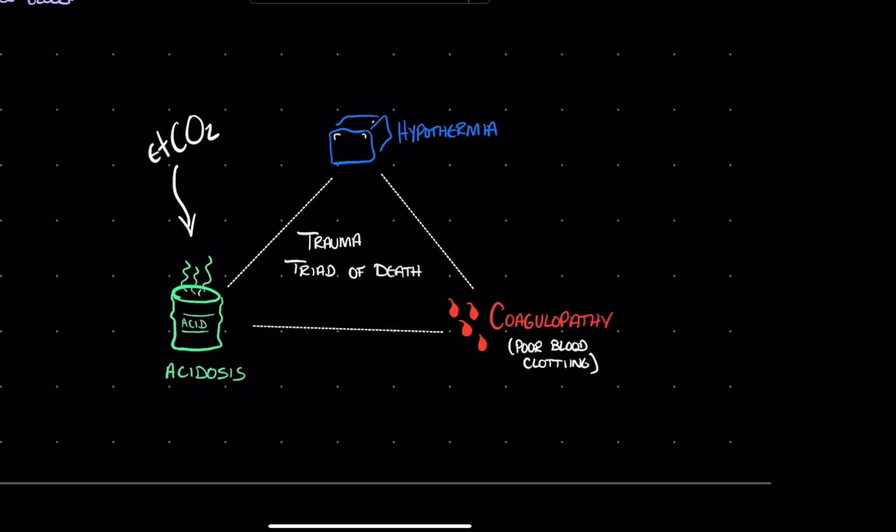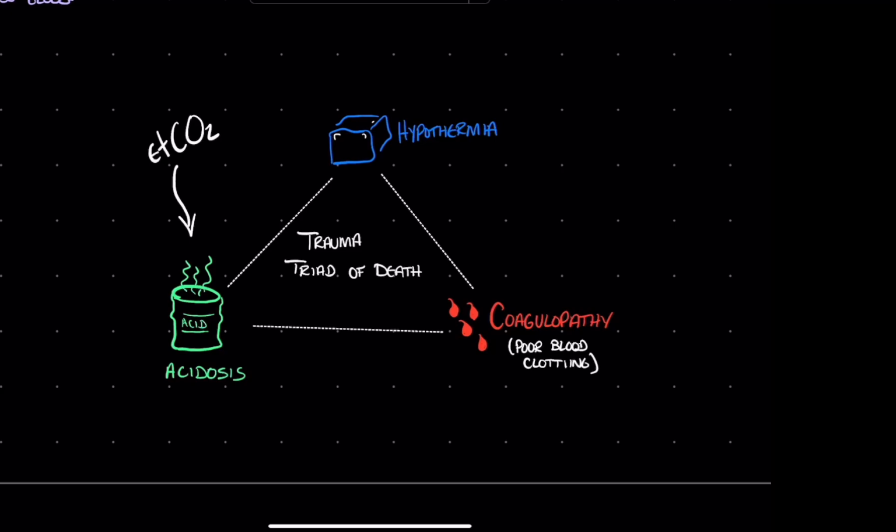If you find one of these three on a patient, it's basically going to prevent them from clotting as effectively as they normally would, and it's going to contribute to the patient's inevitable demise, I guess you could say, or their death.